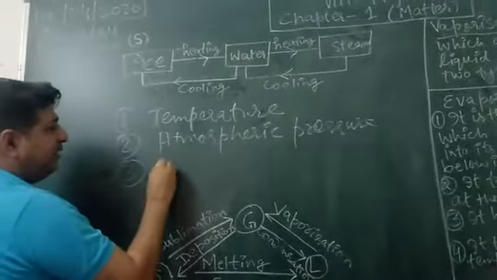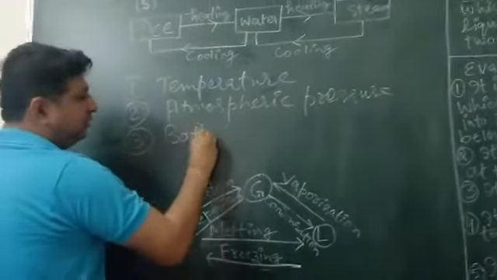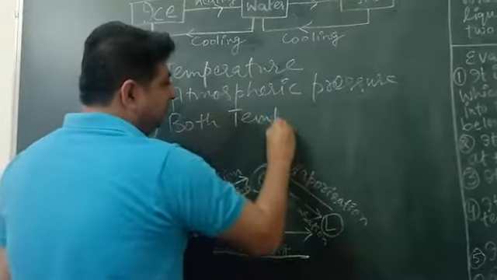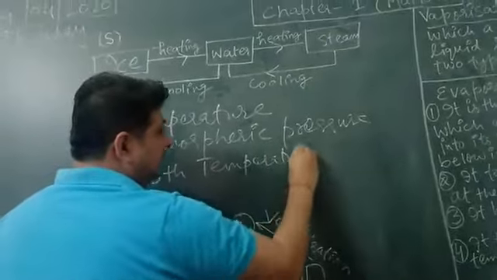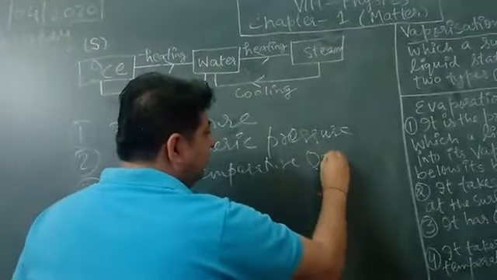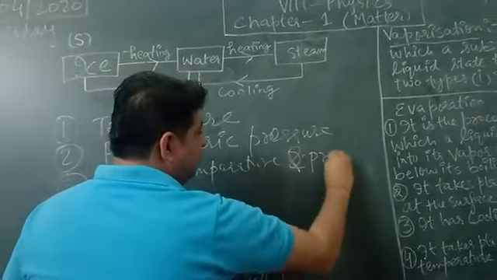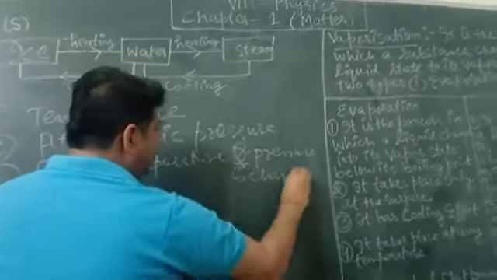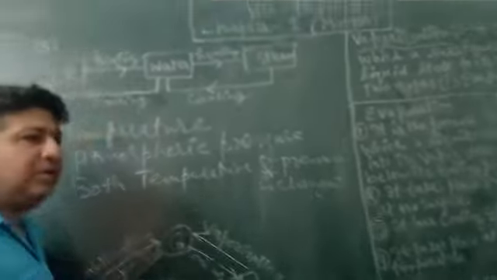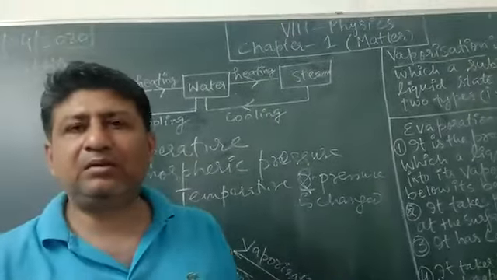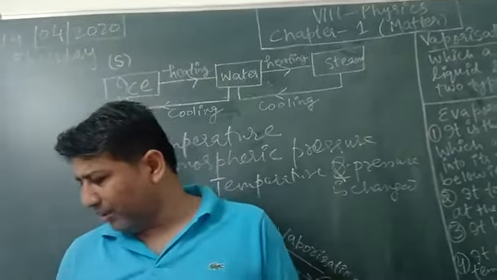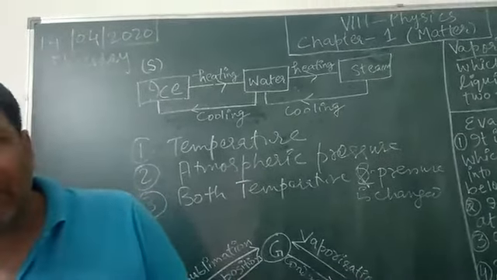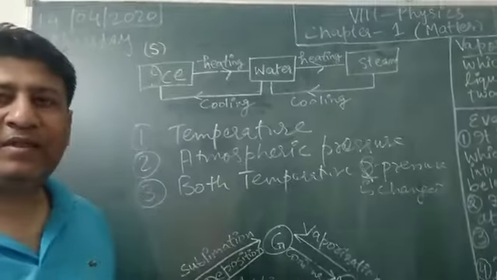Or it can take place if both temperature and pressure are changed. Okay? One is sufficient to change it. However, combined together, they can also bring in a difference earlier than thought of.